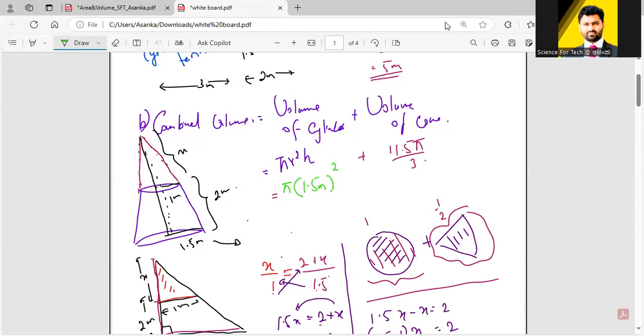Pi times 1.5 squared meter squared, which means 2 meters, plus 11.55 divided by 3. Here it is 4.5. That means 1.5 squared is 2.25, into 2 is 4.5, plus this one, 11.5 divided by 3.